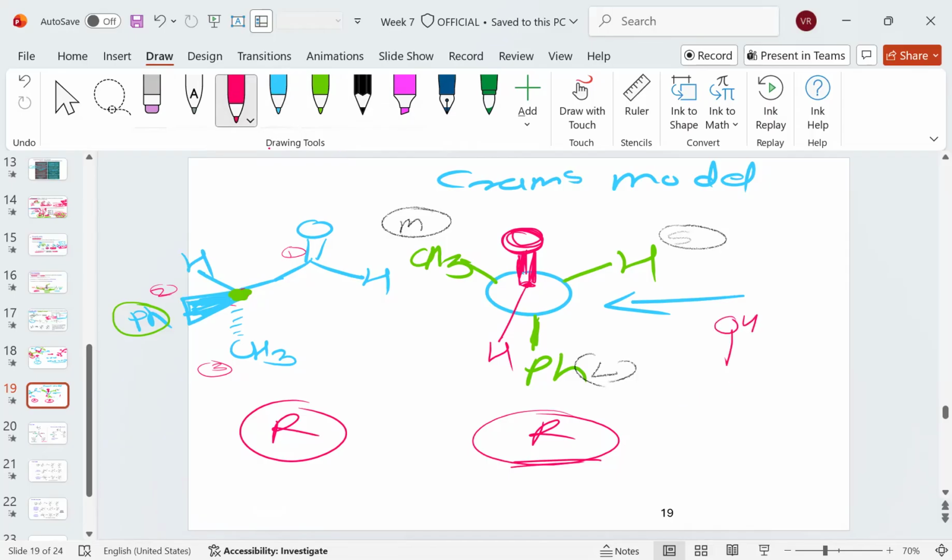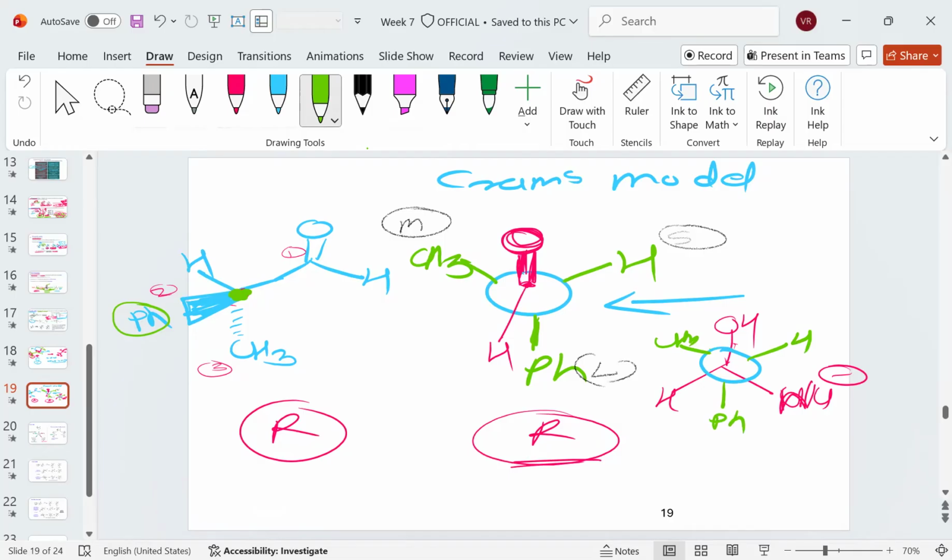So this will become OH, this will become H, and this is the nucleophile. I will just draw the nucleophile, Nu negative. This is from the front carbon, and from the back it remains the same: H, CH3, and this Ph. This is the product we are getting in this reaction.